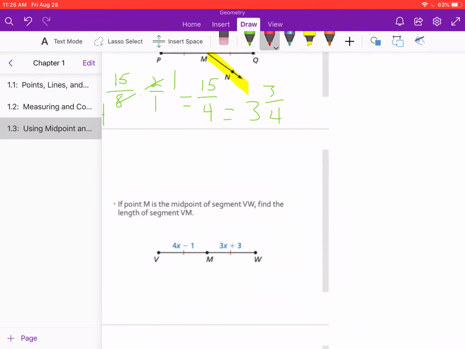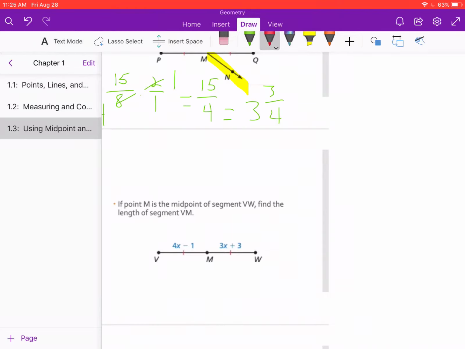So I'm going to write that 4x minus 1 is equal to 3x plus 3. All right, I'm going to subtract 3x from both sides, and I'm going to add 1 to both sides. So these are going to go away, this is going to go away, so now I have 1x equals 4.